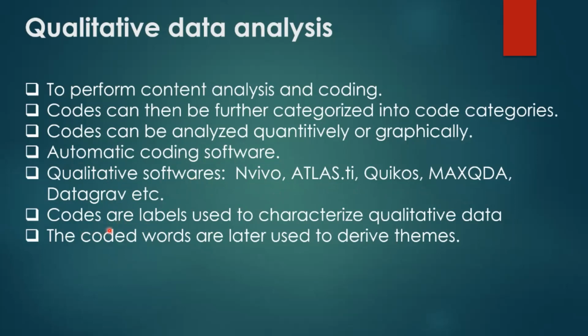The codes are labels used to characterize qualitative data. Like I've said, we use words, single words, combinations of words. Those are words that we extract from the text.